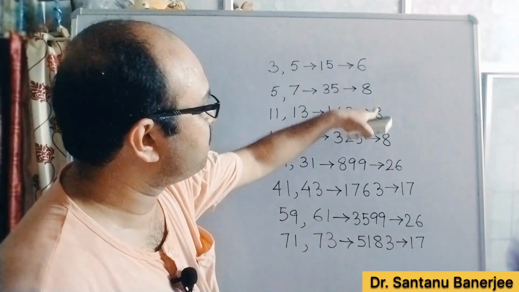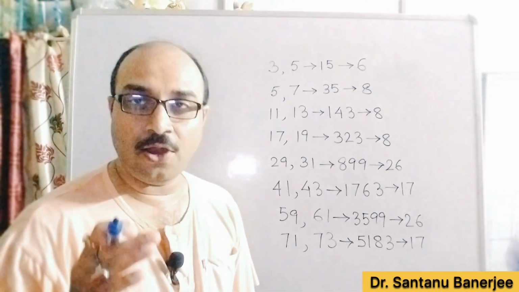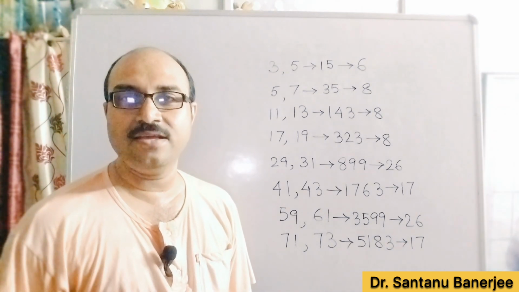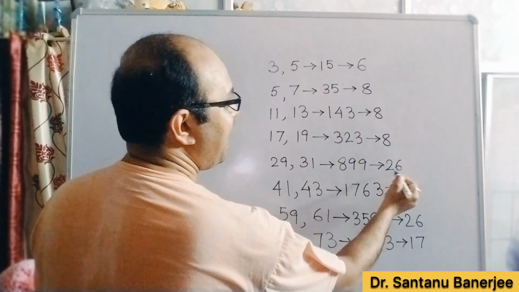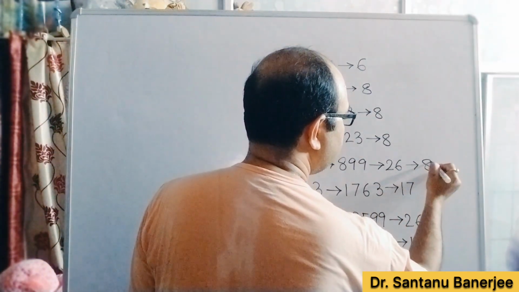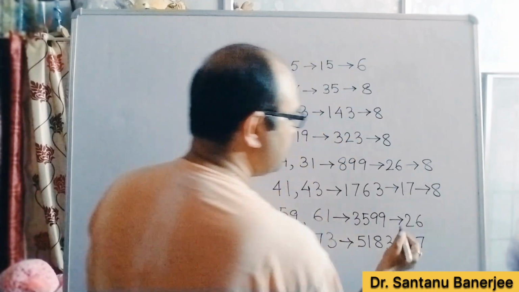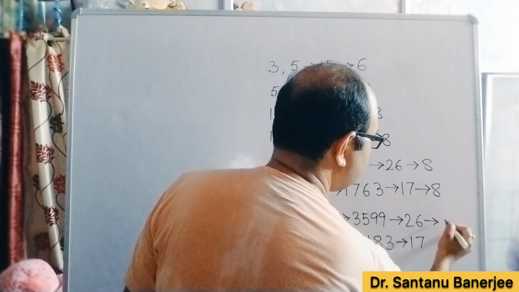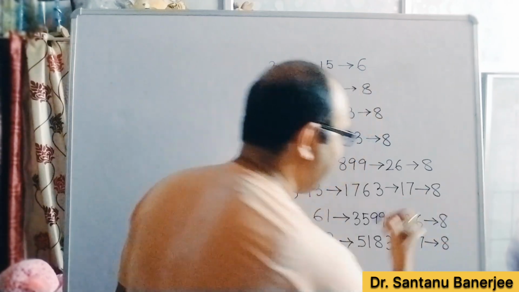Now, for the first four you got a single digit. We will not stop until you get a single digit. For example, here you have a double digit, so you add up the digits once again. 2 plus 6, you get again 8. 1 plus 7, 8. 2 plus 6, 8. 1 plus 7, 8.